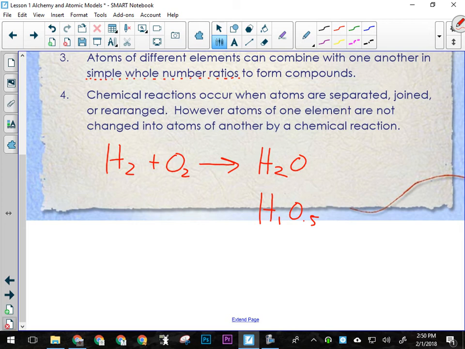Half an atom. I can't have half an atom. Half of an oxygen atom isn't oxygen anymore. I can't have parts of an atom in a compound. I can only have whole atoms, which is why it's always going to be H2O. That's two H's and one O. Always simple whole number ratios.